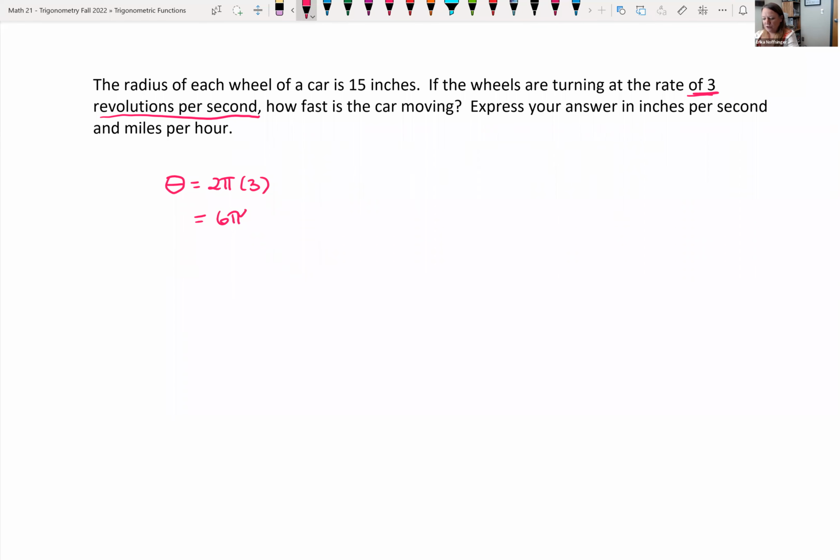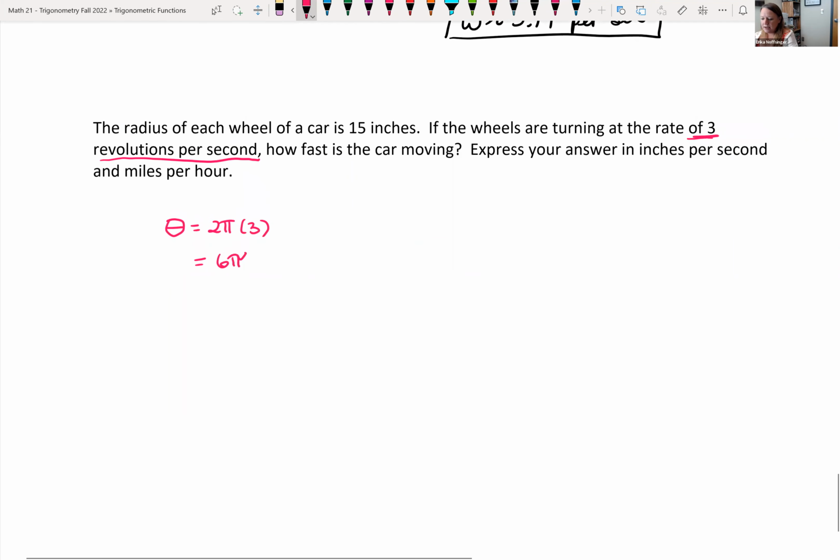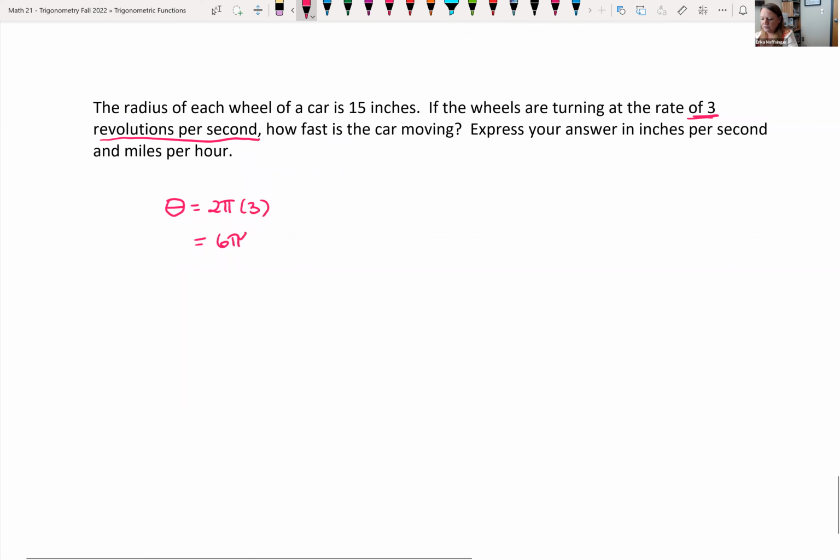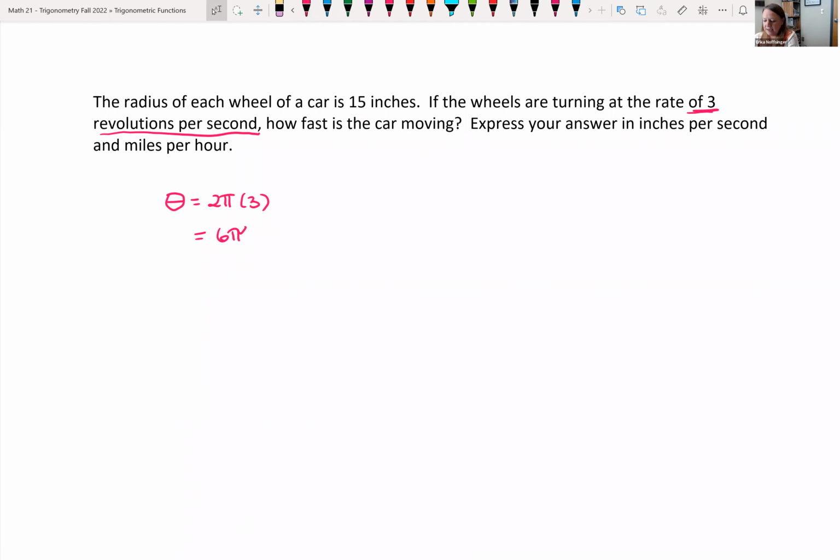So if you're thinking about this, 3 revolutions per second, we know what omega is. We know that the angular speed is 6 pi radians per second.